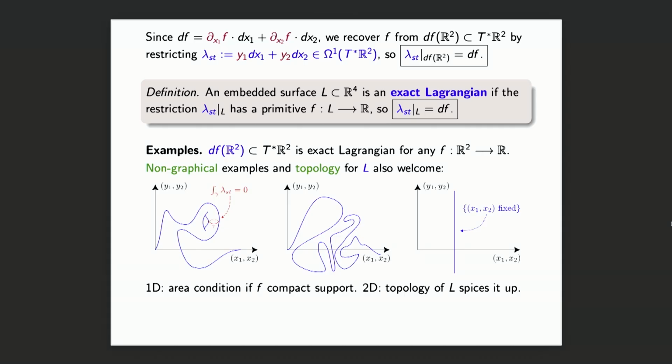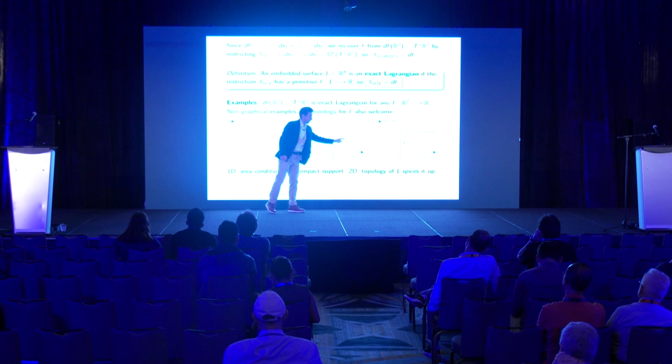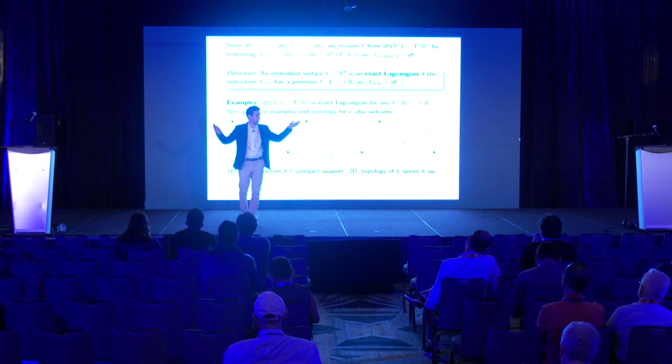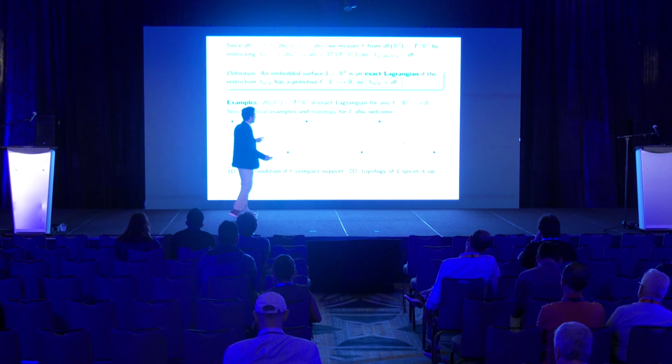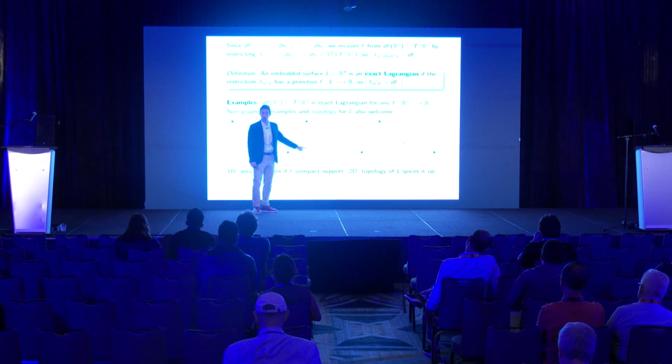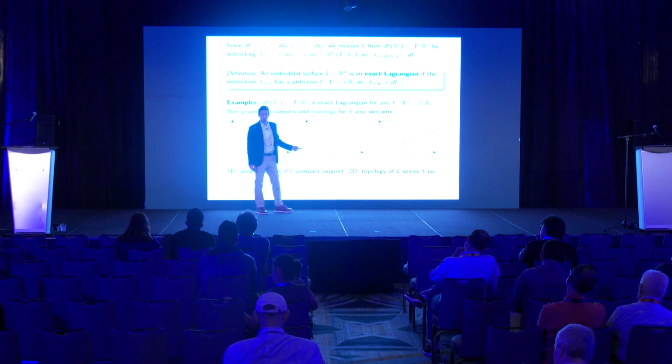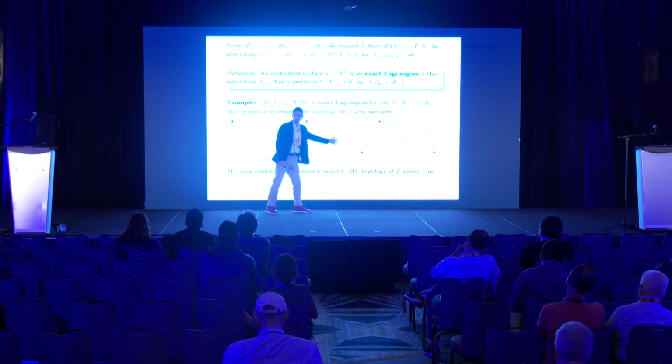Is this super surprising or specific to surfaces? Well, not really. Think for a second about whether this thing has a primitive. Well, there's the fundamental theorem of calculus. You can integrate a one-variable function. But suppose that you wanted the primitive to be compactly supported. So suppose that you wanted an f such that when you integrate these, you end up at 0. Then the integral of this curve should be 0.